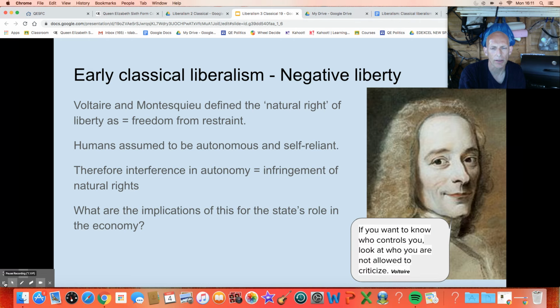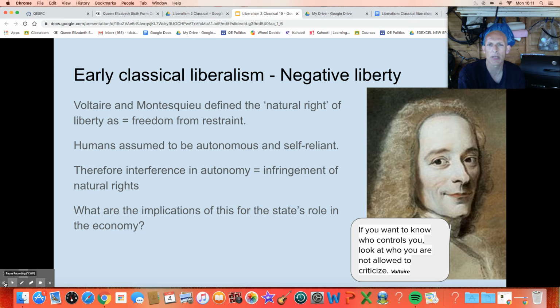Okay, so the second key feature of classical liberalism is this idea of negative liberty. To be honest, the idea of negative liberty doesn't really come along until the 1960s, or at least that phrase, that term isn't coined until Isaiah Berlin comes up with it. But Voltaire and Montesquieu and John Locke would have recognized that what it really means is, when we say we want people to be free, what we're talking about is we want them to be free from things, free from restraint by government, free from the possibility of being locked up without trial, free from a king coming along and taking away your property from you.